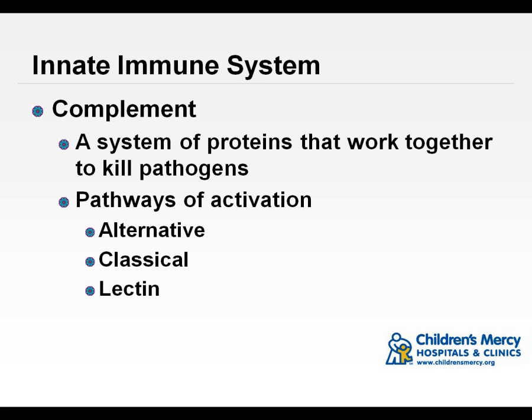First thing we're going to talk about is the innate immune system. The innate immune system we use in contrast to the adaptive immune system. So the difference is if something is innate, it doesn't change from when you're born. It's always there, as opposed to the adaptive immune system, which adapts.